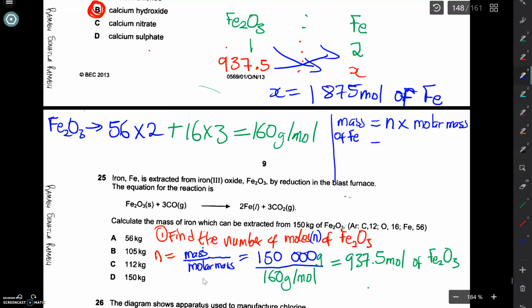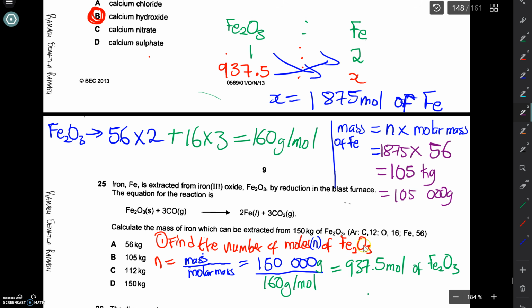The number of moles is 1875, and the molar mass of iron is given here as 56, and this gives you 105 kilograms, or 105,000 grams, right? So then your answer there will be B.